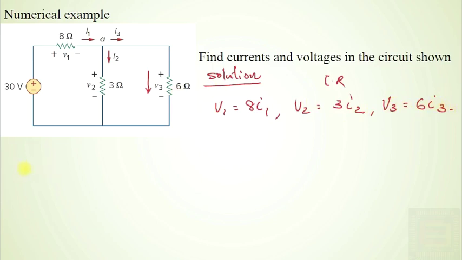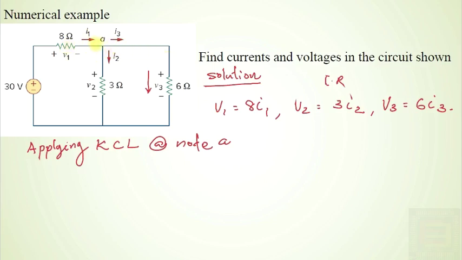Now we have seen that if you apply Kirchhoff's current law at node A. This is the node A. A node is the meeting point of more than one circuit element. Here you can see that at this node A, 3 elements are meeting.